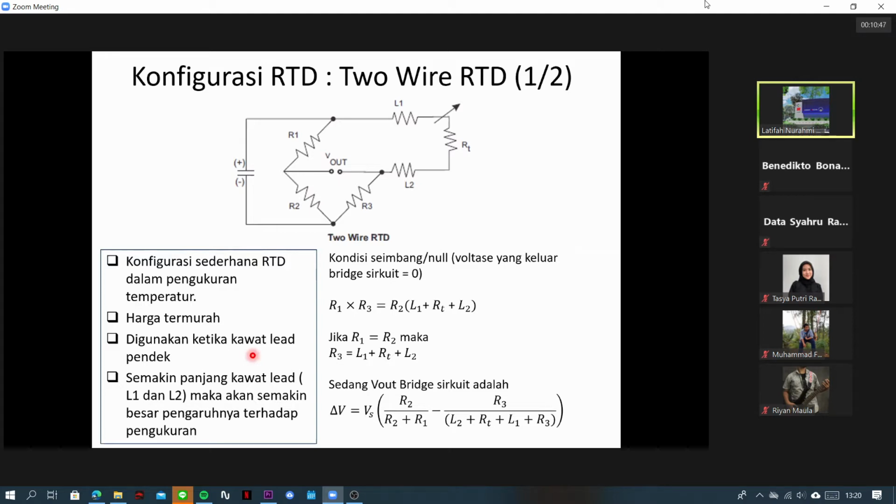In previous videos, you may have seen how we plug in the thermocouple in real life, say in a big factory. Because it is very big, you may need a very long wire. But if it is not that big and it is quite short, then you can use a 2-wire RTD.